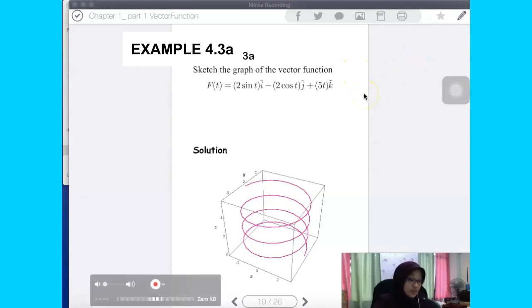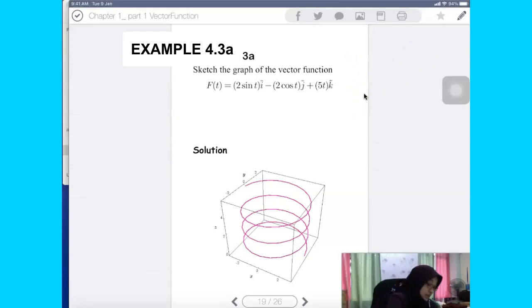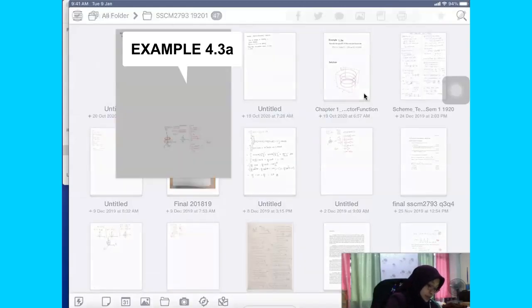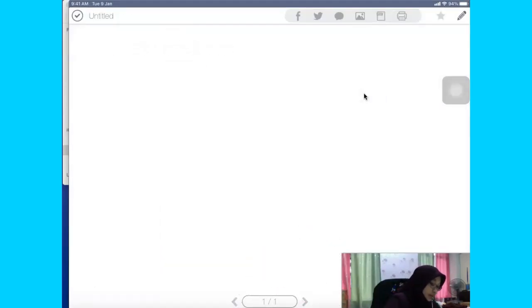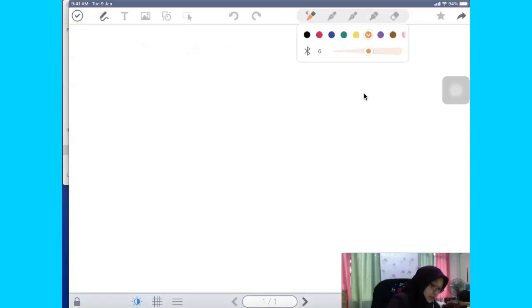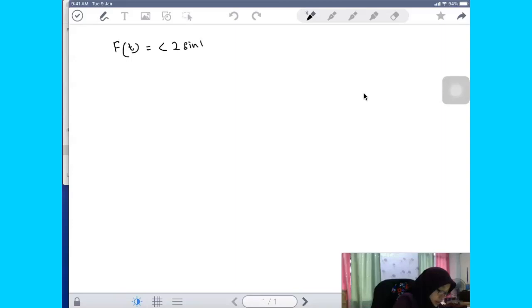The procedure is the same as in the previous example, where you use trigonometric identity. Your f is 2 sine t, the same as before, then minus 2 cos t, and then 5t.